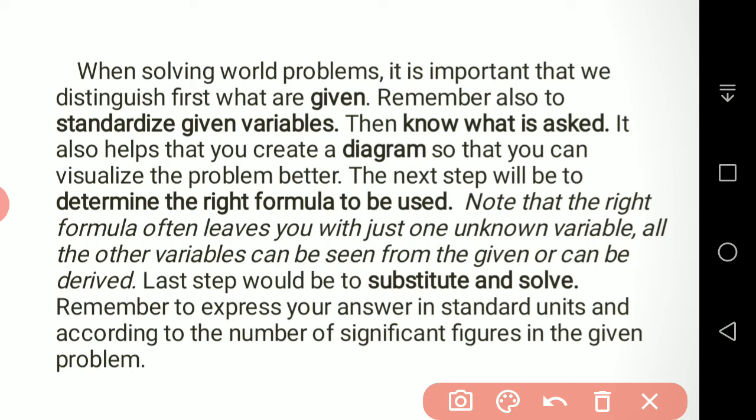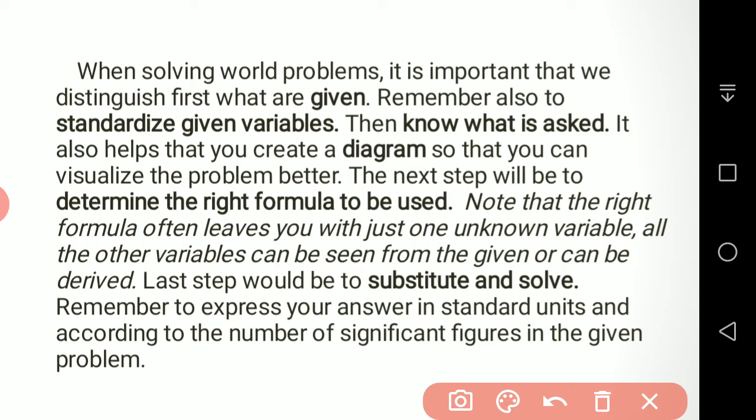Hindi pa natin kailangan ng mass. Kapag mass na pinag-uusapan, pupunta na tayo sa forces at sa dynamics na part yun. So, kinematics lang. Length at time lang sa kinematics. So, meters for length at seconds for time.